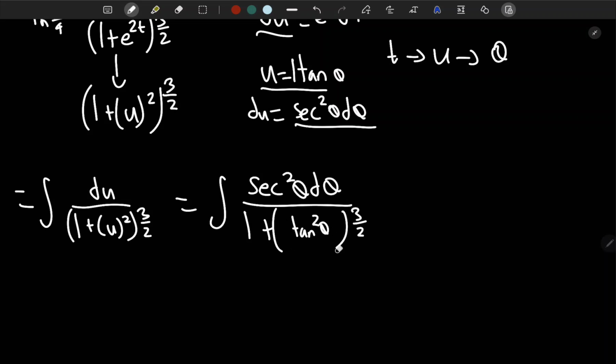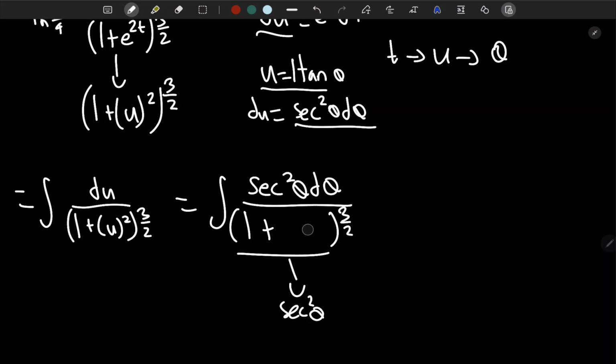I'm just simplifying things, since there was a 3 over 2 power on 1, which is just 1, and we can just put it on top of tan squared here. And also we realize that 1 plus tan squared delta is simply secant squared delta. So over here we can replace 1 plus tan squared delta with secant squared delta.